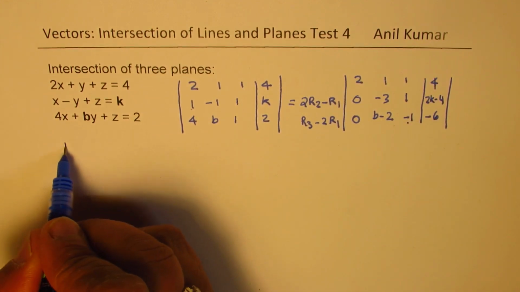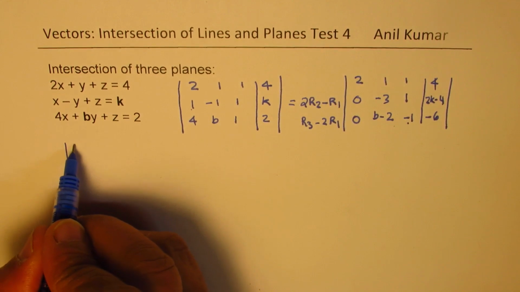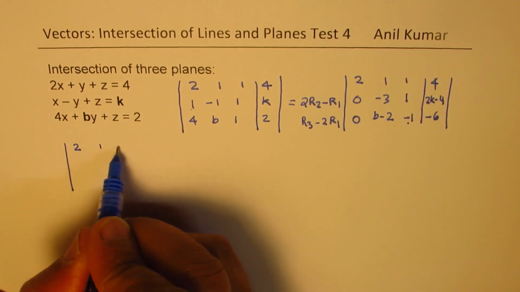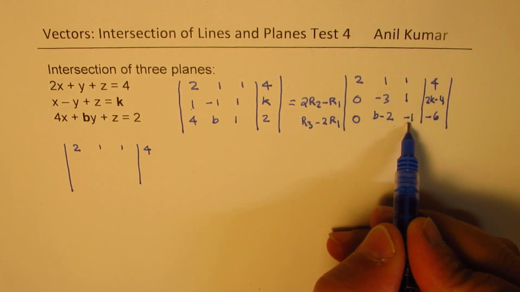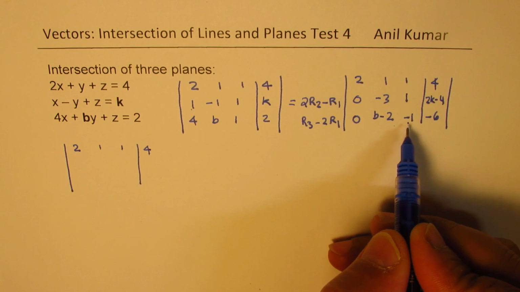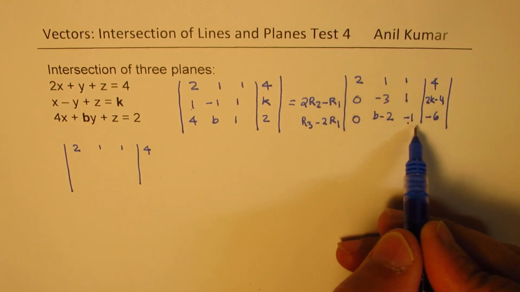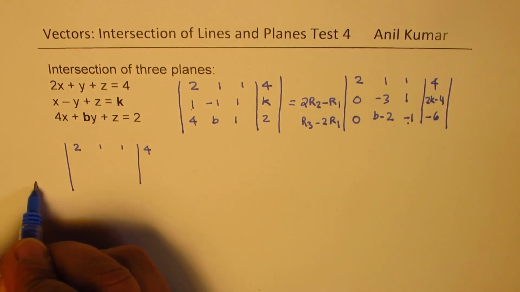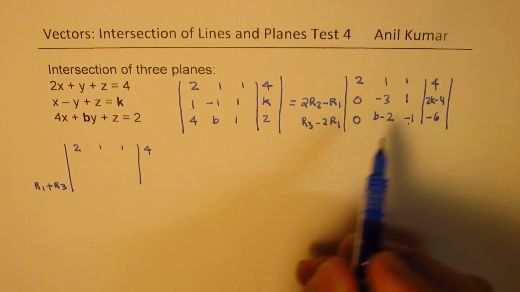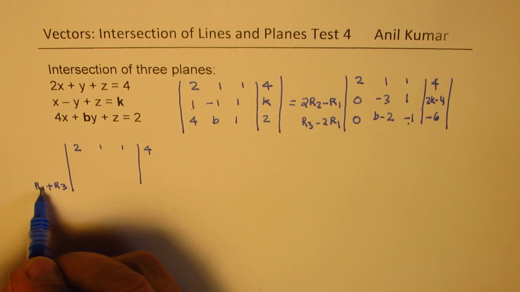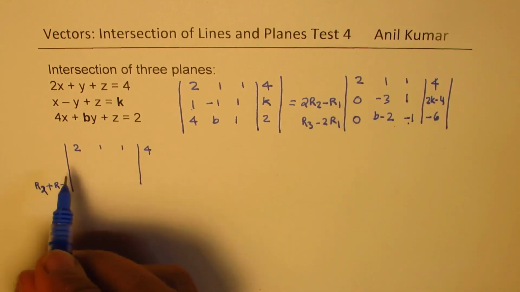So we'll now write our system as 2, 1, 1, 4. We want to make this one as 0. So if I make this as 0, what happens? I can add R2 to R3, because that is 0 plus 0, right?